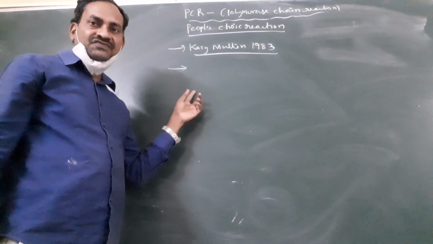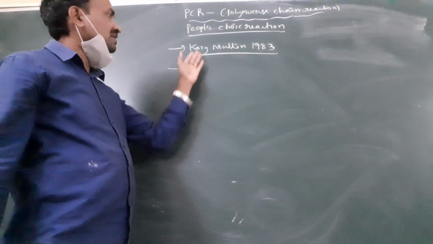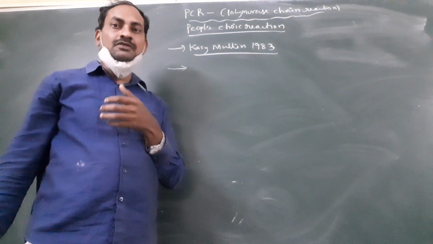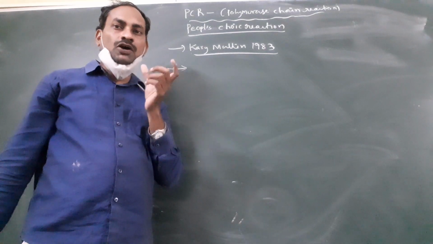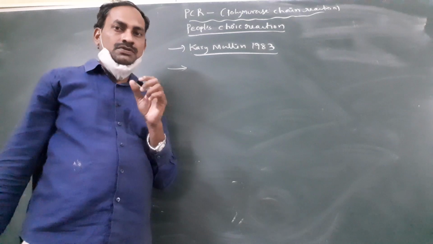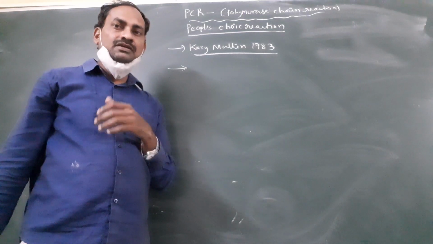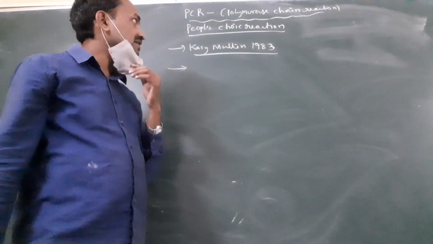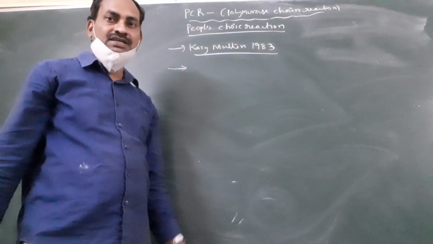So what is the use of this PCR? By using PCR, we can produce millions or billions of copies of a target DNA strand. We can multiply the copy number into billions. That is the advantage of PCR.